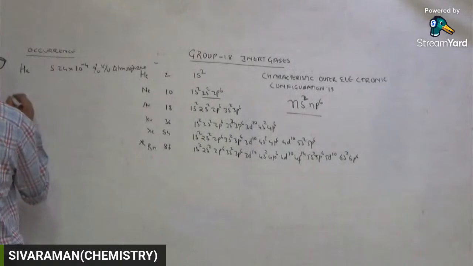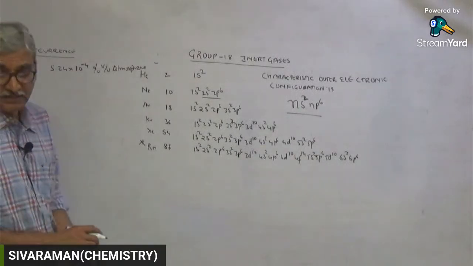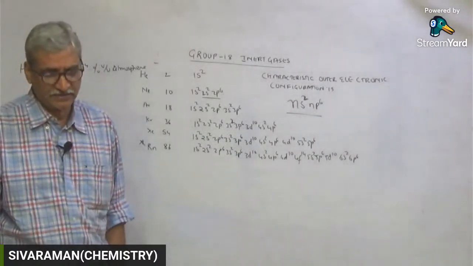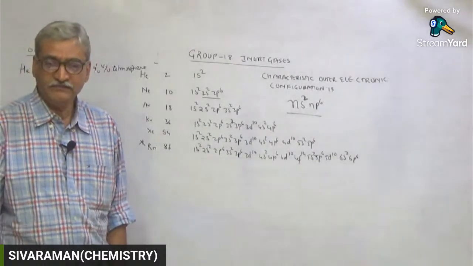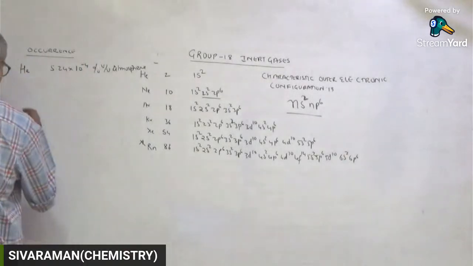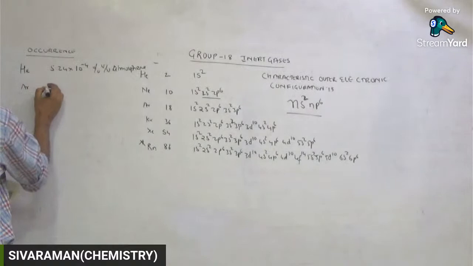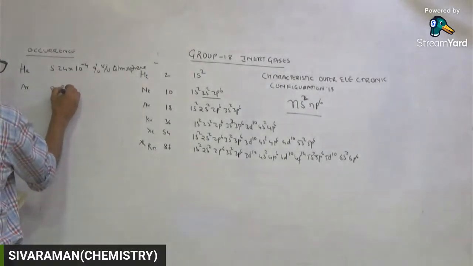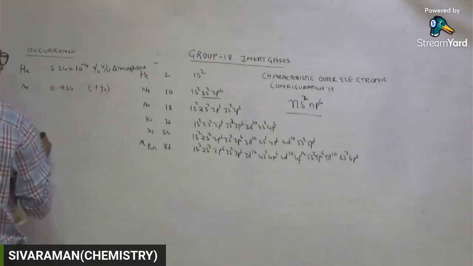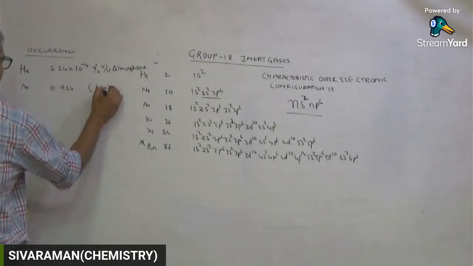Then the second one, there's a question here. Which inert gas has the highest availability? Definitely not helium. Then we have argon. Argon will be 0.934, that is nearly 1% volume by volume of the atmosphere.